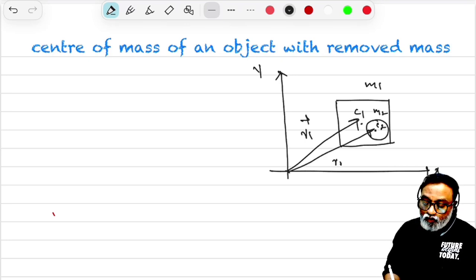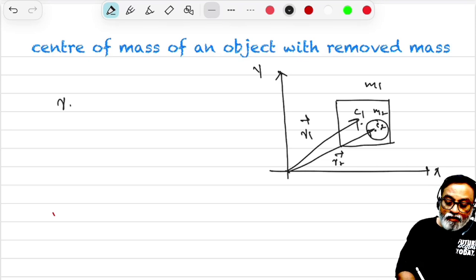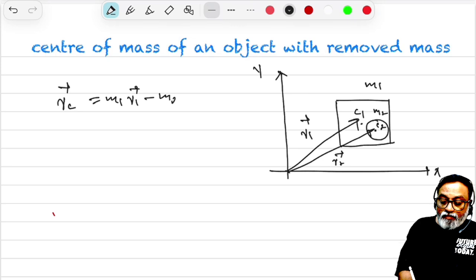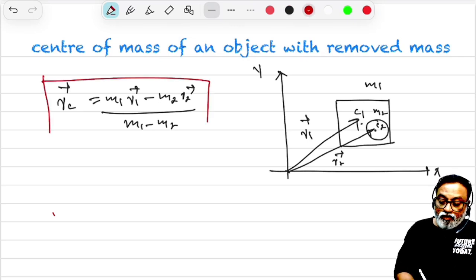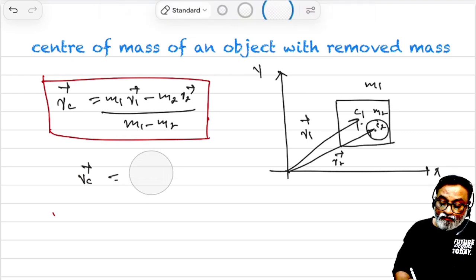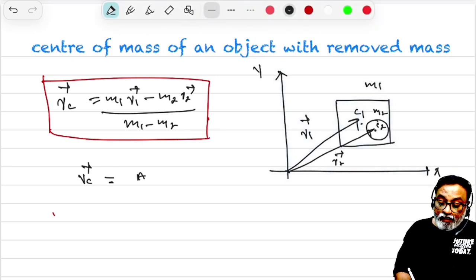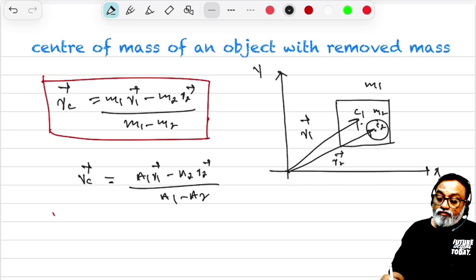Its position vector is R2 bar. Then RC bar is equal to M1 R1 bar minus M2 R2 bar. Here mass M2 is removed. Therefore, M1 minus M2. If you know the area, then RC bar is equal to A1 R1 bar minus A2 R2 bar by A1 minus A2.